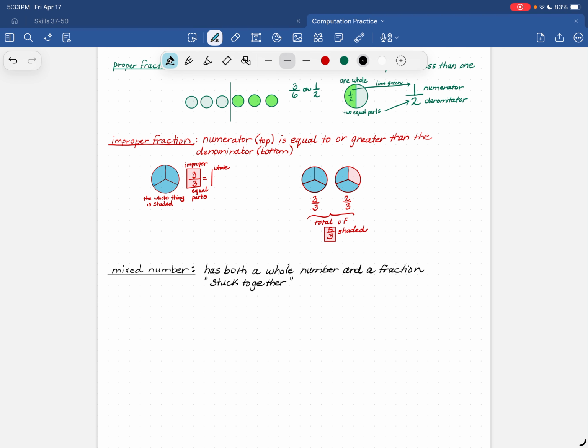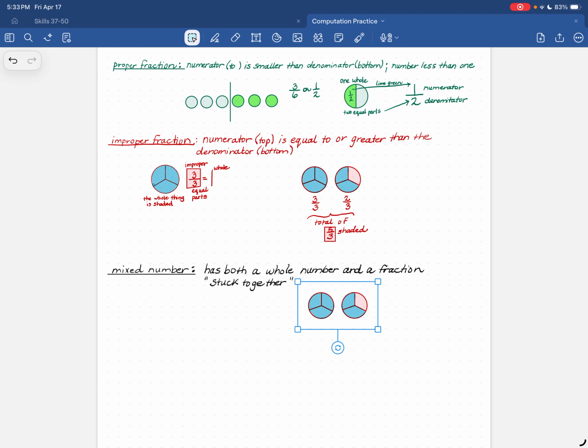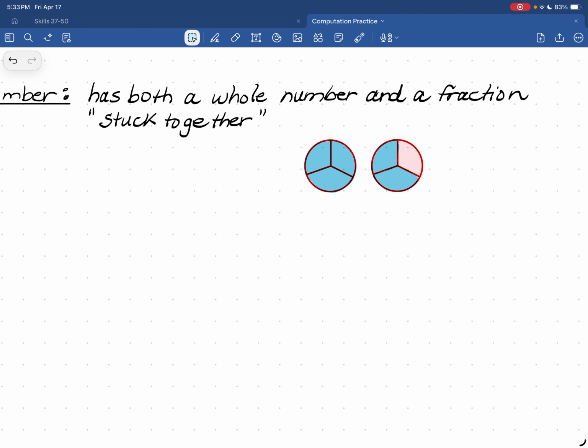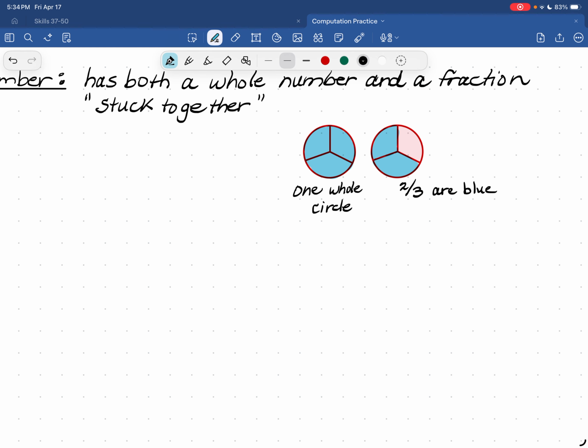So let's look at this one. I'm just going to bring down this picture and let's talk about it. Would you agree with me that we have one whole circle that is shaded blue? One whole circle is blue. And on this circle, we have 2 out of the 3 parts being blue. 1 out of 3 is not shaded with blue.